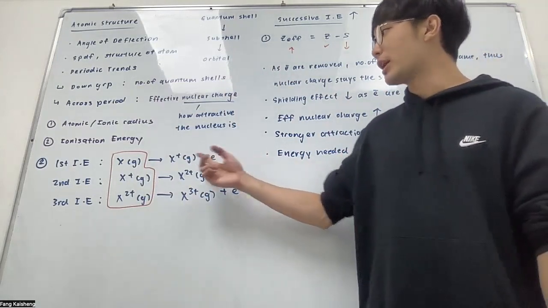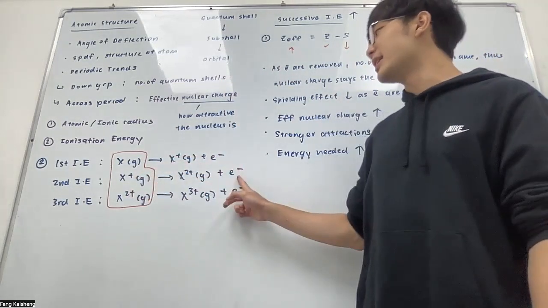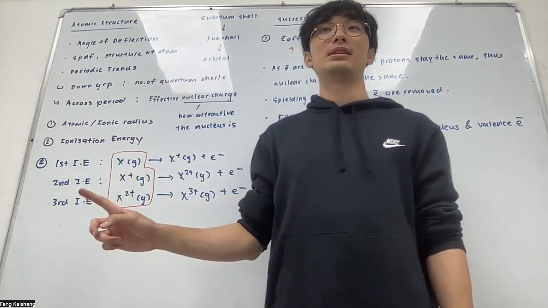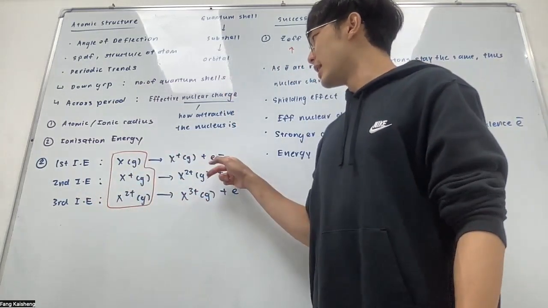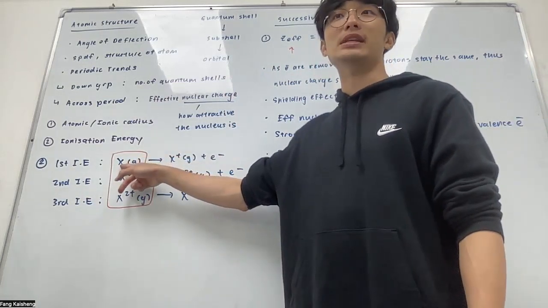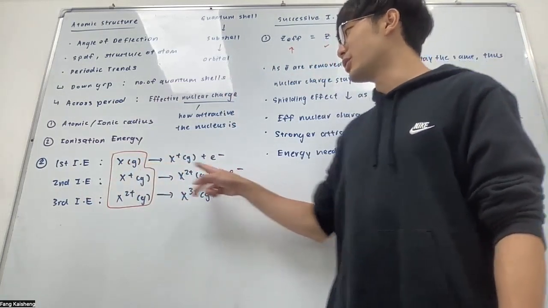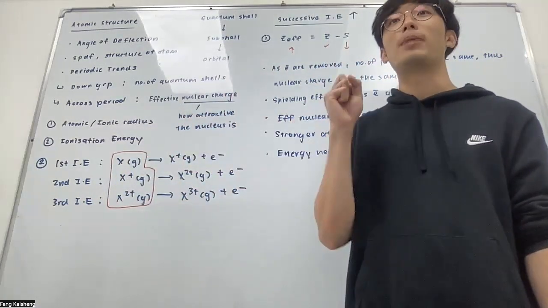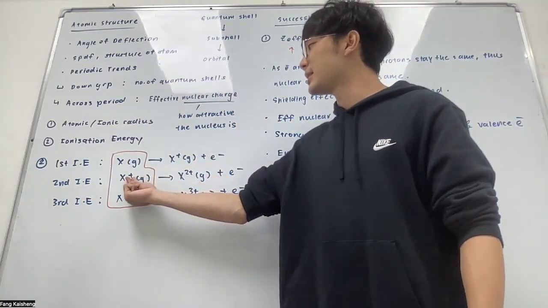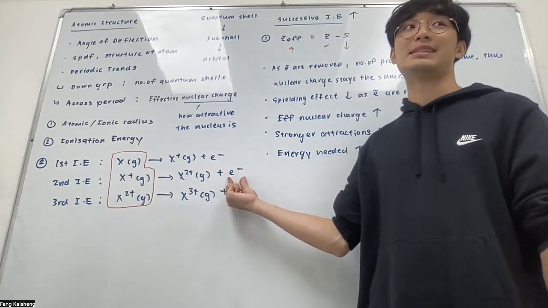But guys, you look at the next one. You're removing the next electron from X plus. Not really about stability. You're removing the first from a neutral species. Now you're removing electrons from a positively charged species. You all see it's harder to pluck out the electron, because a plus will attract the minus to a greater extent.